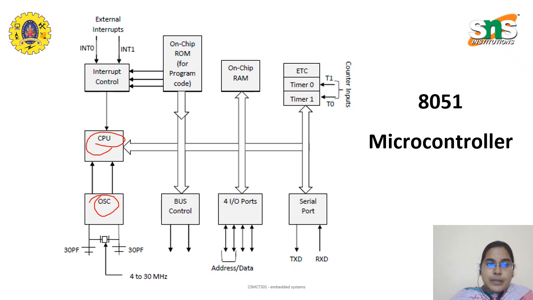And we have an interrupt controller. We have 5 main interrupts here, and 2 input pins for interrupt 0 and interrupt 1. We have an on-chip ROM for the program code, which is also linked with both the interrupt and the bus control. On-chip RAM is also available.